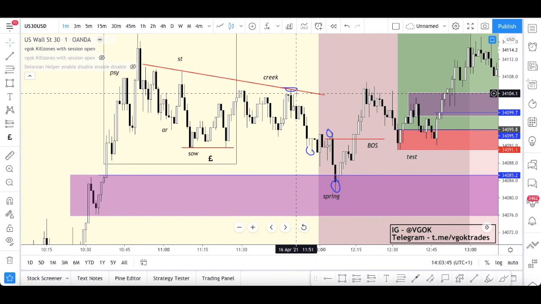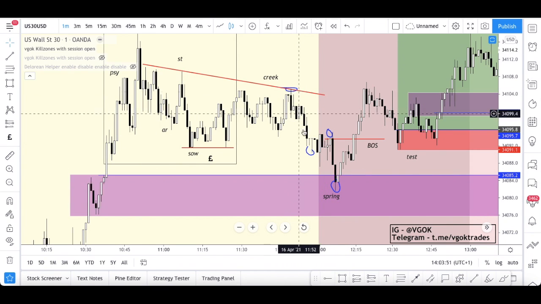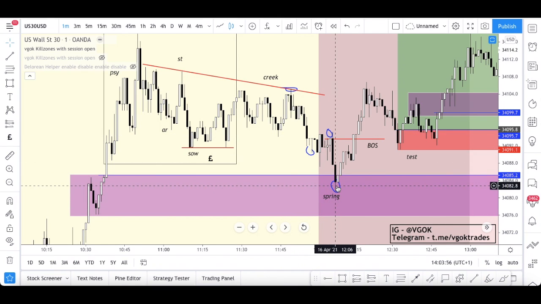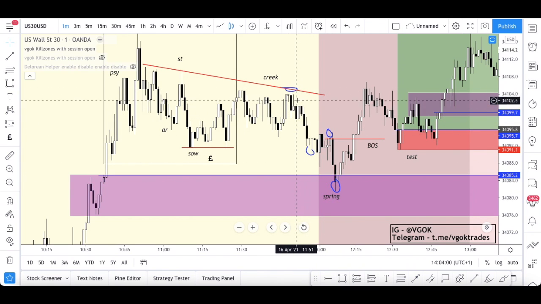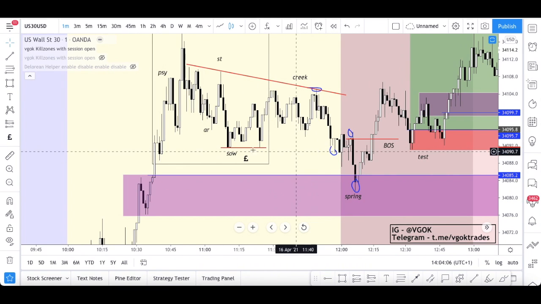So what we can see is the market structure leading into this movement into the POI. We have a high, a low, a lower high, and a lower low. So we can see that this lower high, lower low, lower high, lower low formation is the spring part of our reaccumulation schematic.